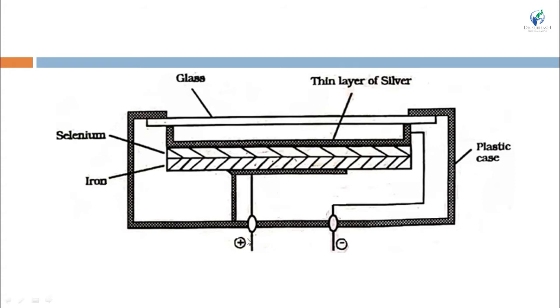You can see here, this is the positive and this is the negative, right? So iron or aluminum and silver or gold are the two electrodes, and between these two electrodes, semiconductor material selenium is deposited, right? And all of these three layers are packed into a plastic case covered with a glass lid.